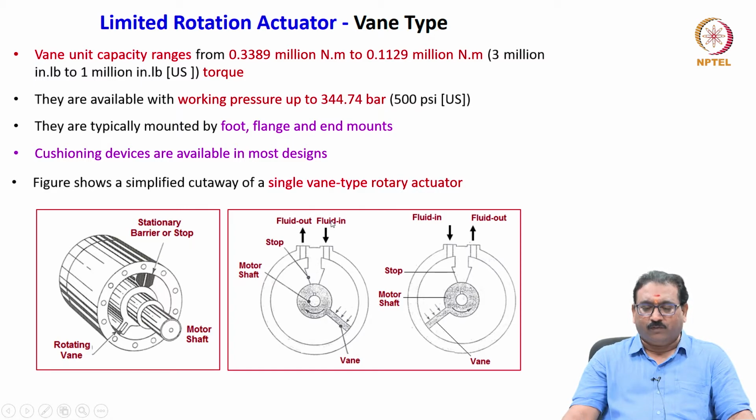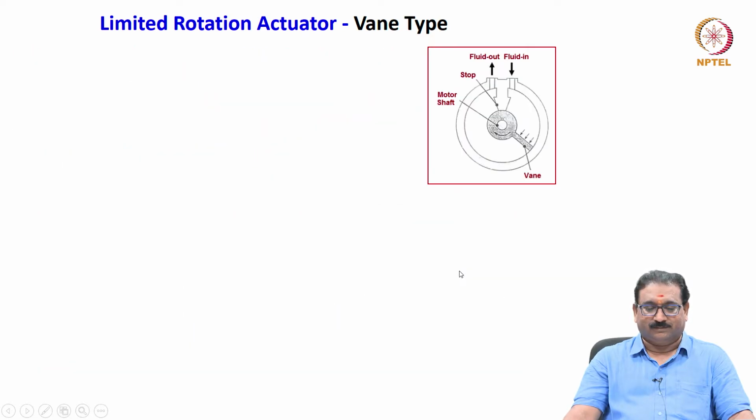Just see the operation: fluid will enter here, then it will act on the single vane, then it will rotate, the direction of rotation you will see, the motor shaft, and then the fluid, after rotating the shaft, goes out, meaning I am achieving clockwise rotation. If the fluid flow is changed, meaning fluid enters here, then it will act here and rotate in the anti-clockwise direction, correct, but the stop is provided here, please understand this.